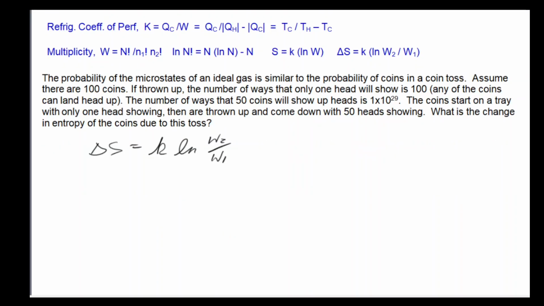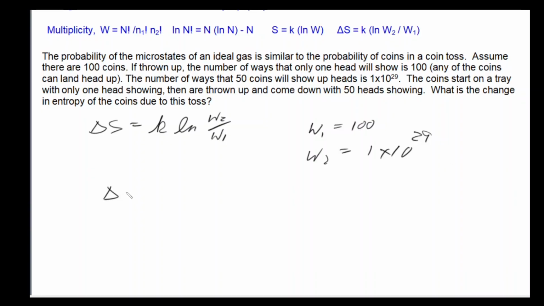So in this case, W1, the multiplicity in the first state, is equal to 100. We're given that. And we also know that if there are 100 coins, any one of them can be heads up. But W2 we're also given, and that is 1 times 10 to the 29. That's the chance of 50 coins being heads up.